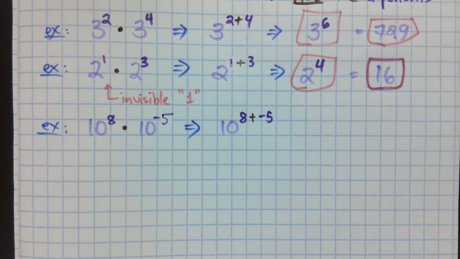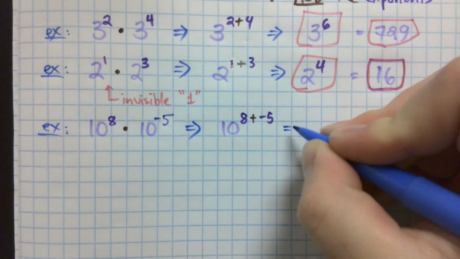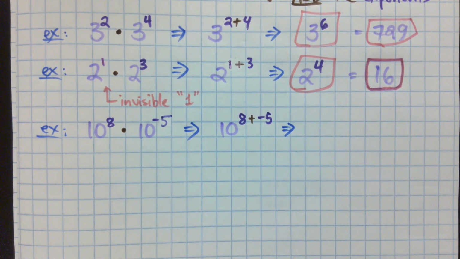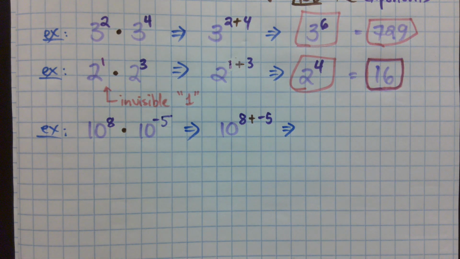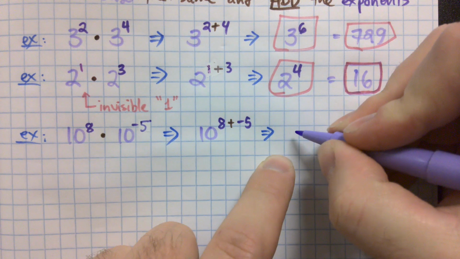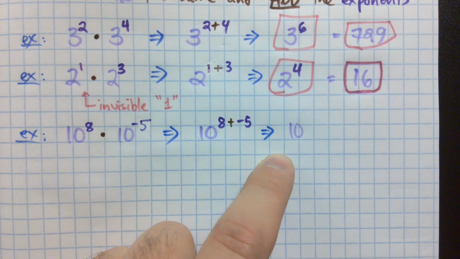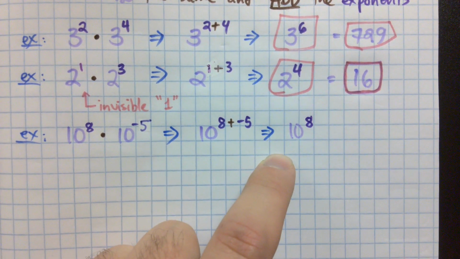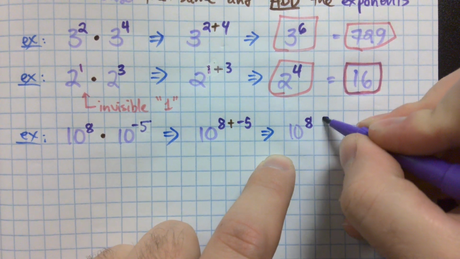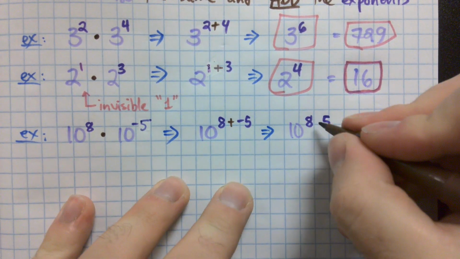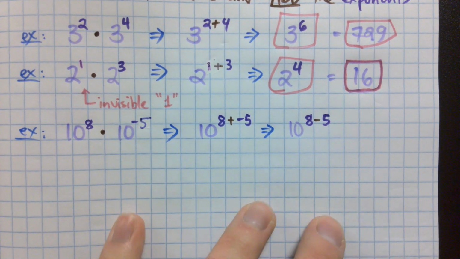Last week on worksheet 1, we did a lot of these problems with pluses right next to minuses. What does a plus next to a minus turn into? A big minus, exactly. If we're adding a negative number, it's the same as subtracting a number. So 8 minus 5 would give us a new exponent of what?